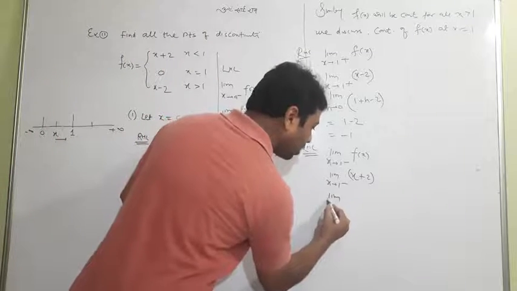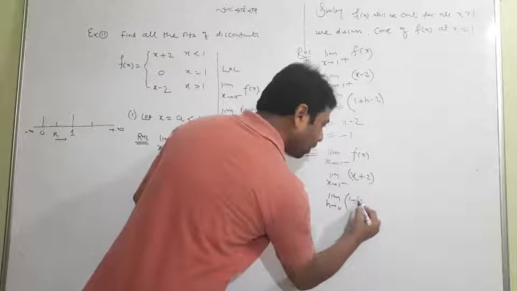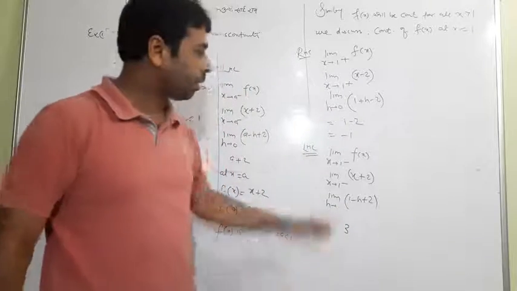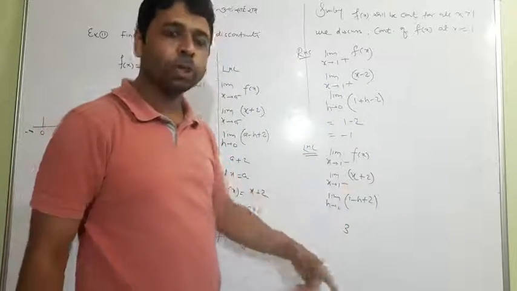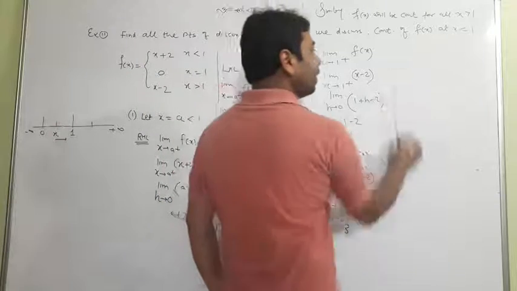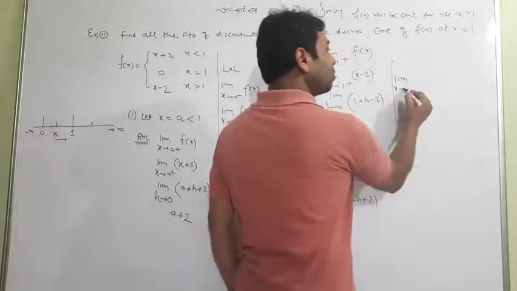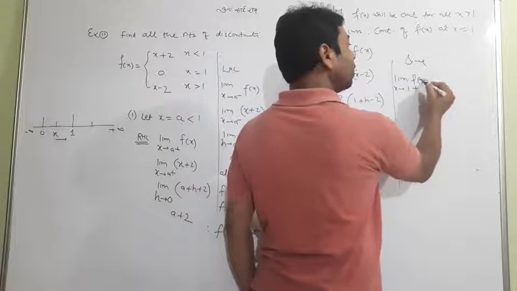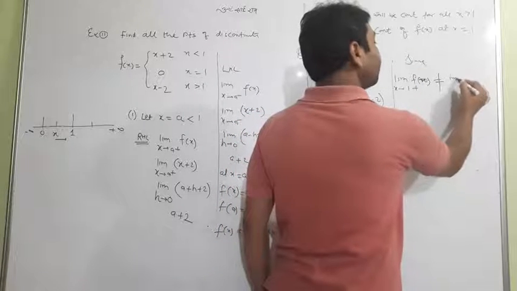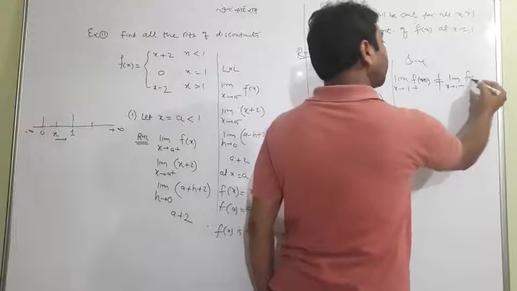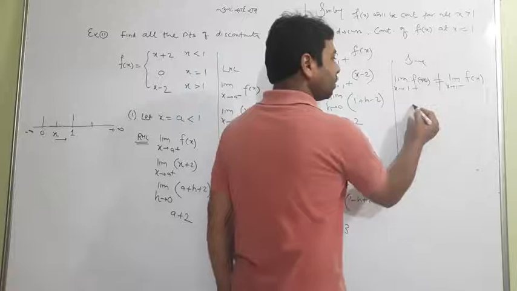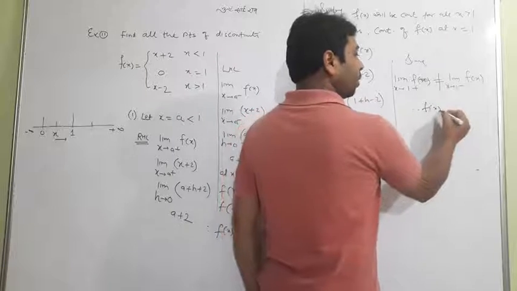When h tends to 0, it will be 1 minus h plus 2, and as h goes to 0, it is 2 plus 1, which is 3. Look, this is minus 1 and this is 3. Both are not the same. Since the limit as x tends to 1 plus and the limit as x tends to 1 minus are not the same, the function is discontinuous.